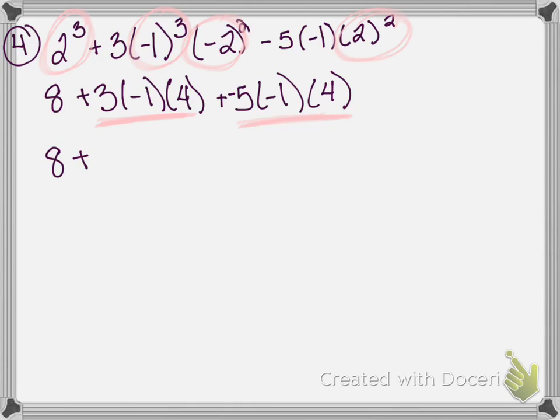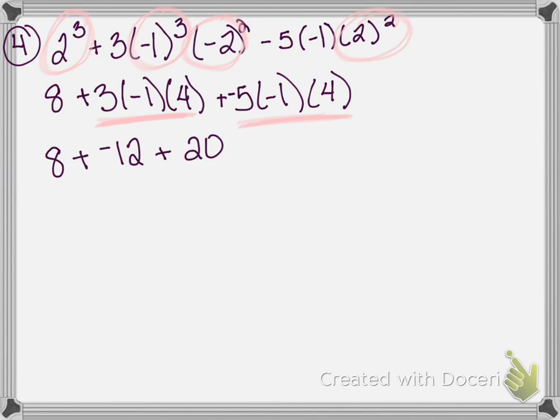3 times -1 times +4 is -12. Then I've got -5 times -1 times +4. 20. Good.